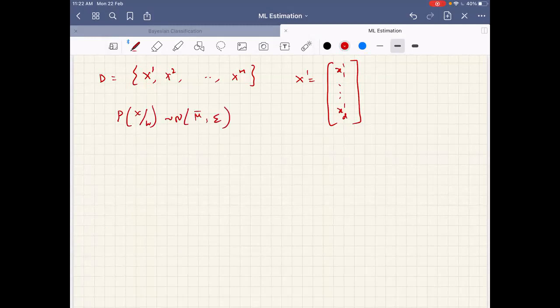So assume that, for simplifying our discussion and problem, the covariance matrix is given. What we need to find is mu hat by maximum likelihood estimation.